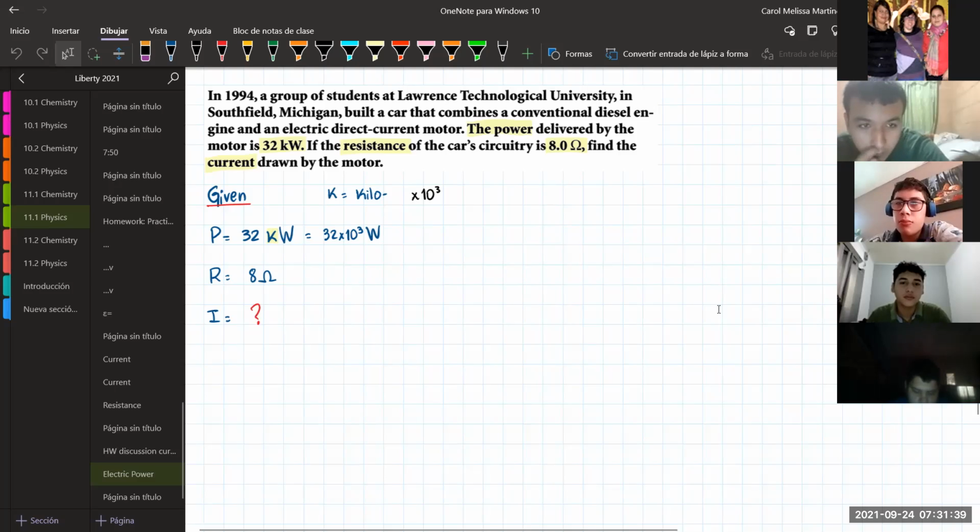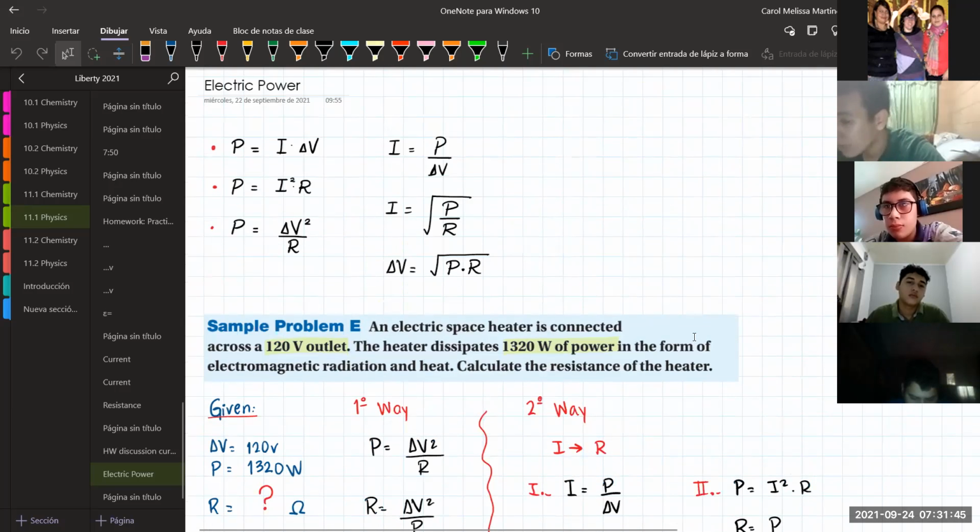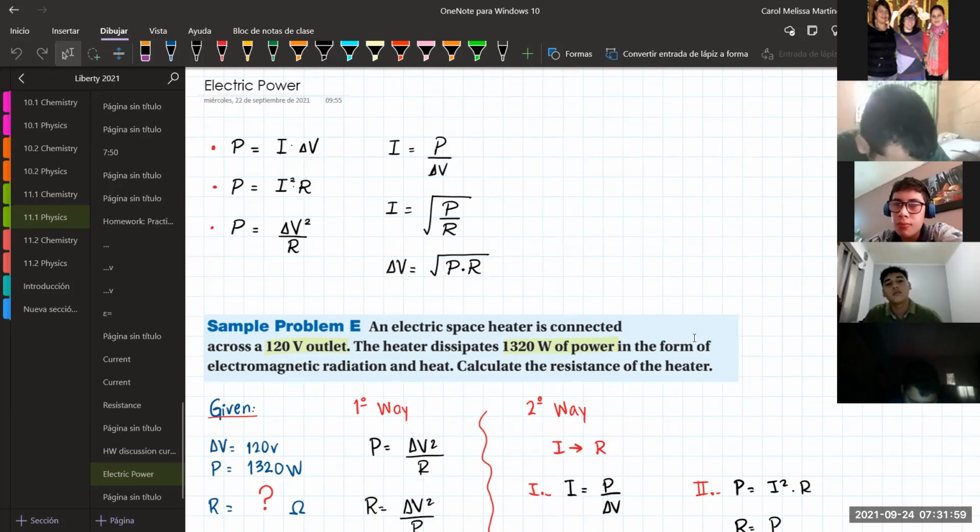What equation do I have to use to find current? Let's see. I have power and I have resistance. What equation am I going to use? Should I use A, B, C, D, E, or F?